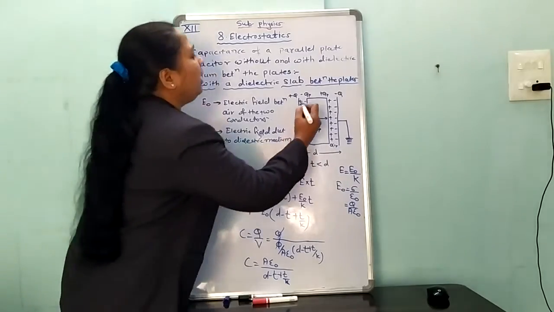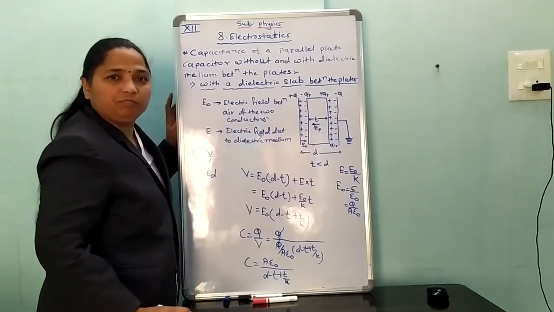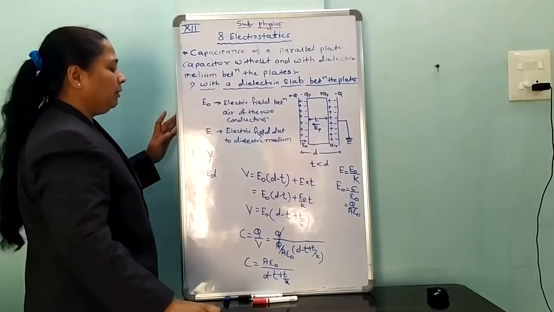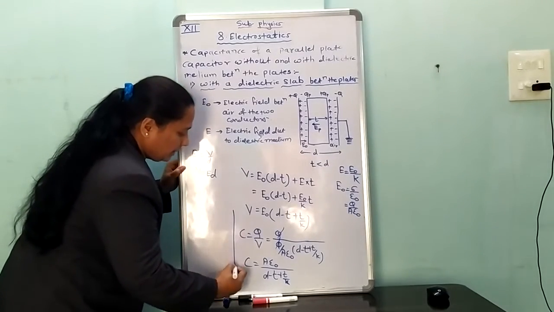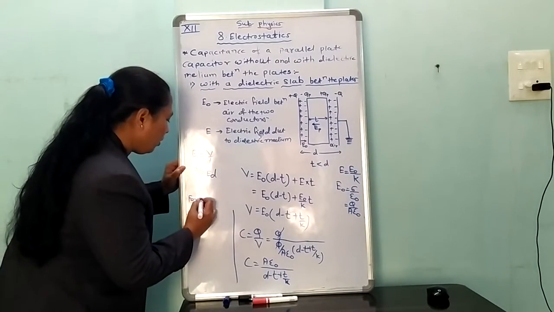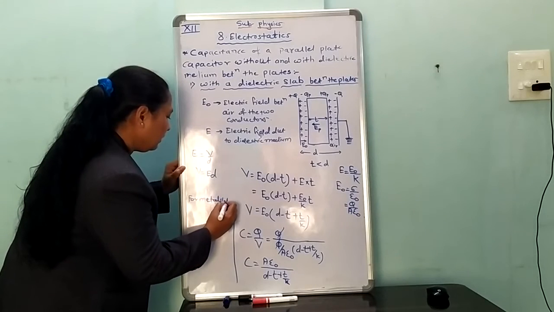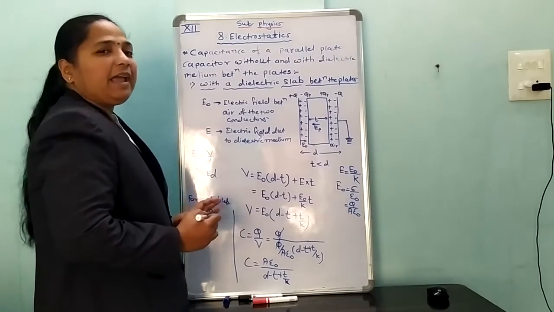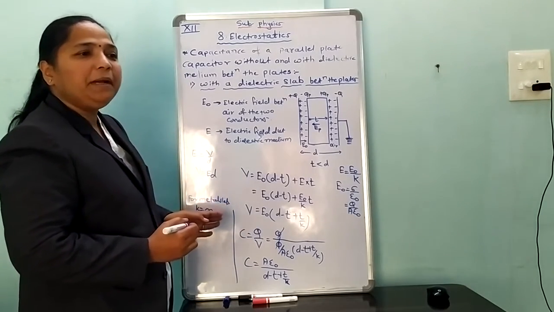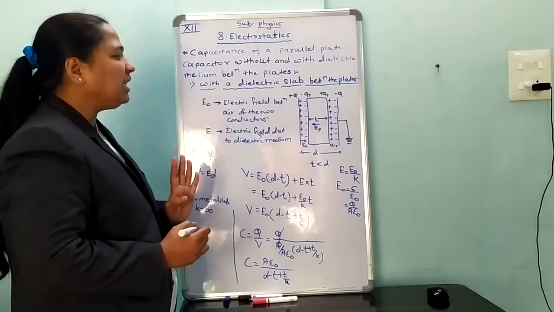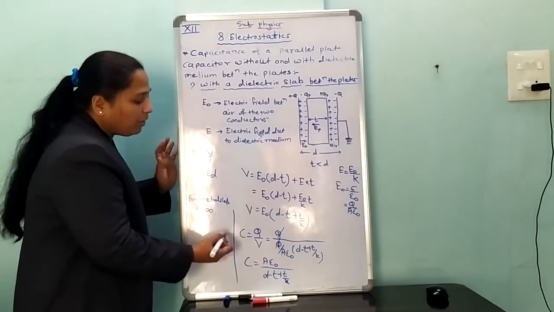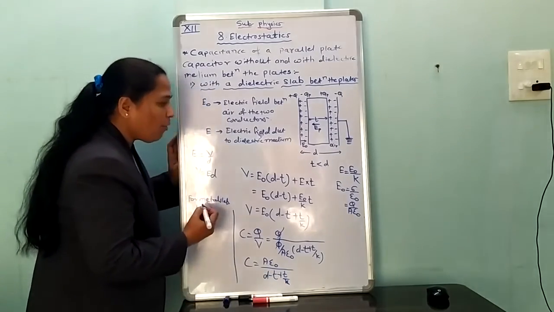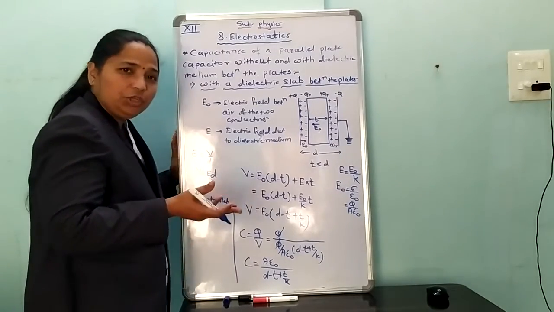Consider the case where the slab is a metal slab. For metals, the dielectric constant K is equal to infinity, while for air the dielectric constant is 1. Therefore, substituting infinity, 1 upon K means 1 upon infinity, which is 0.